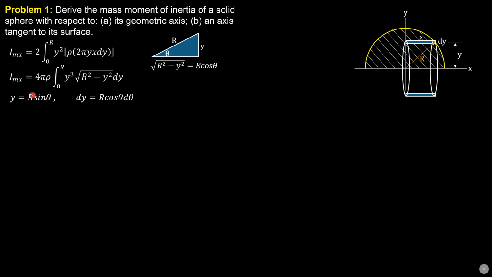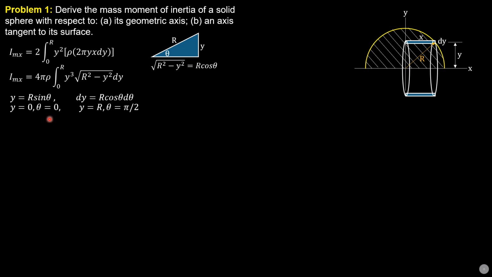When y is the lower limit 0, 0 over r is 0, and arc sine of 0 is 0. When y is the upper limit r, r over r is 1, and arc sine of 1 is pi over 2.